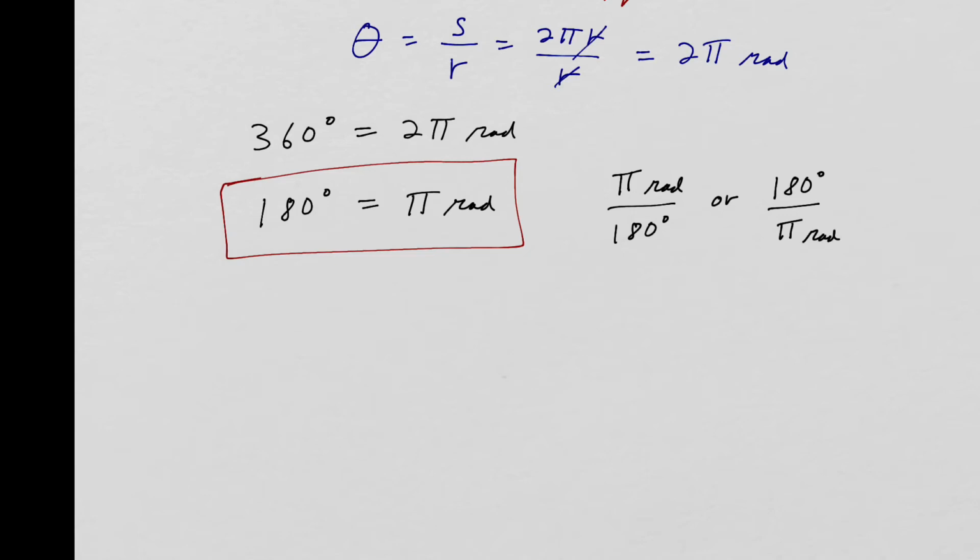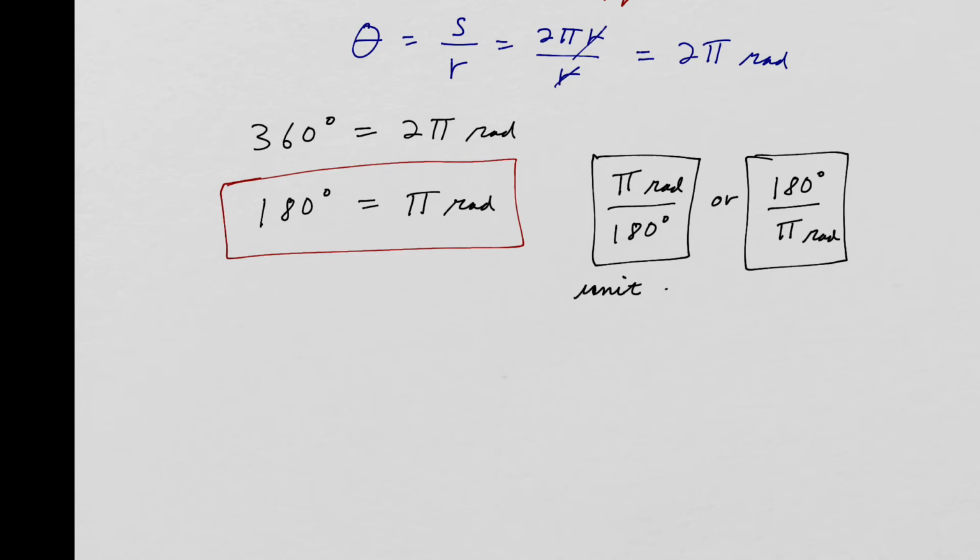In both cases, these are in essence equal to 1, because they represent the same angular displacement. They both represent halfway around. So these are what's called unit conversion factors. And which one do you use? Well, that depends on the problem. It depends on whether you're converting degrees to radians or radians to degrees.